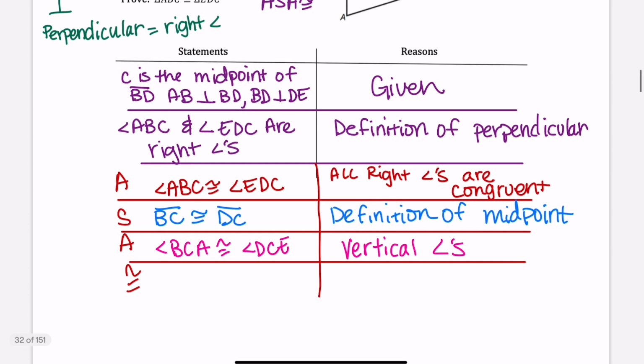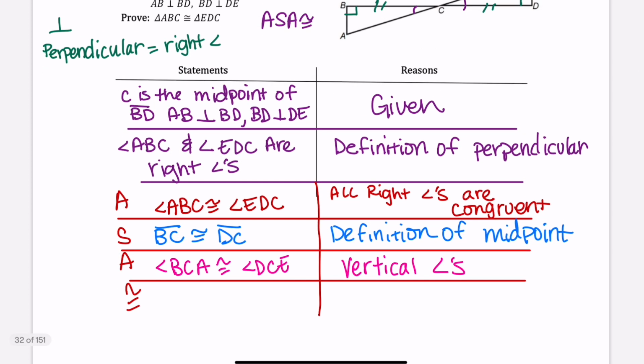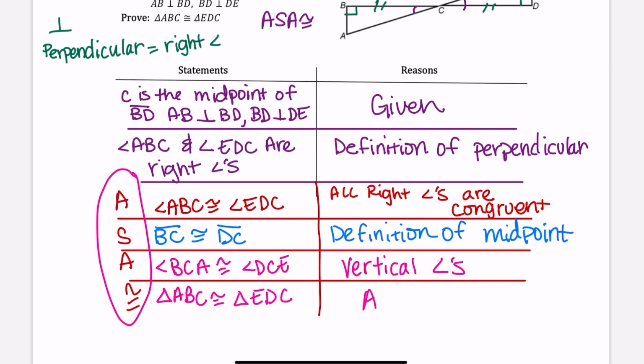And now we write our final congruency. Triangle ABC is congruent to triangle EDC. Our reason is right here, angle, side, angle, congruency.